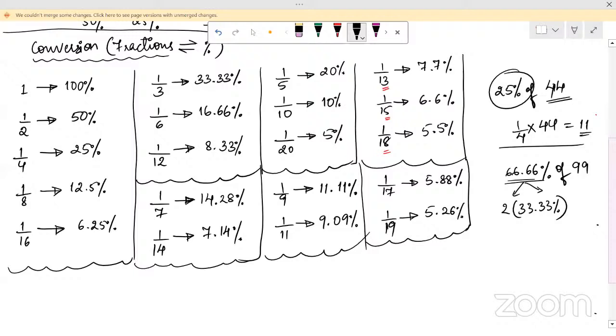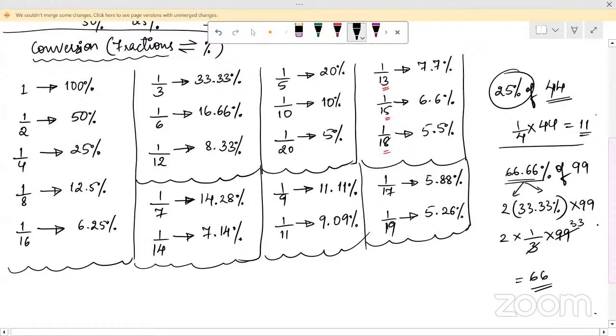Yes, I sure can. 2 times 33.33 percent of 99. I know the value of 33.33: it is 1/3. Correct? What is 99 divided by 3? 33. 33 into 2 is 66. Clear, everyone?